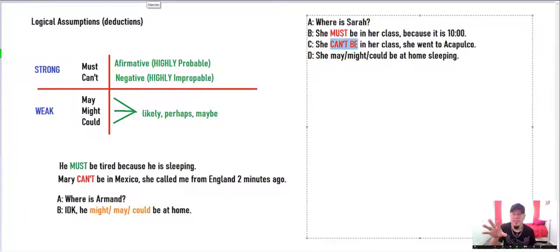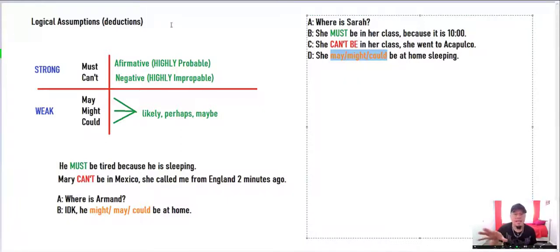As we said, must is for the affirmative ones, whereas can't is for the negative ones. So let's keep in mind that must is almost certain, and when we say can't, it is impossible, highly probable that it is impossible to happen. Now, when we say may, might, or could, the only thing that we are doing is expressing a really low degree of probability.